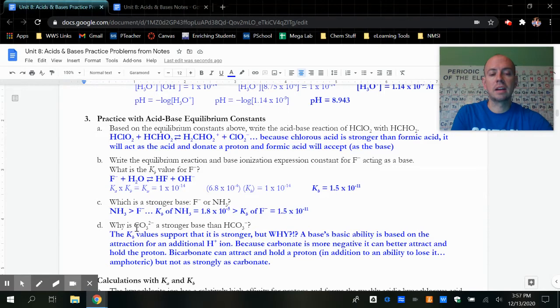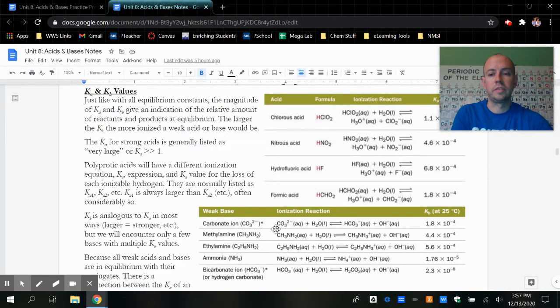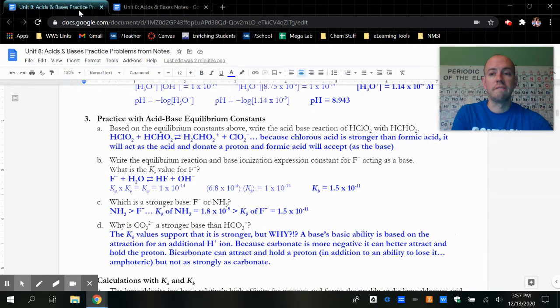When we're looking at comparing carbonate to bicarbonate, we see carbonate is 1.8 times 10 to the negative fourth. Bicarbonate is 2.3 times 10 to the negative eighth. A very big difference in K value. The K value supports that.